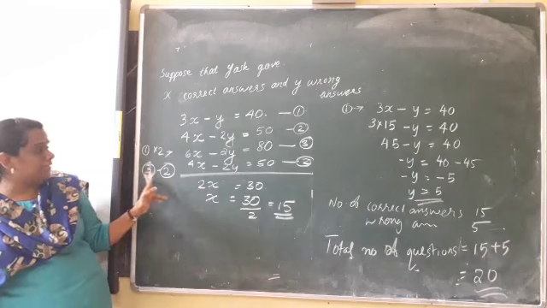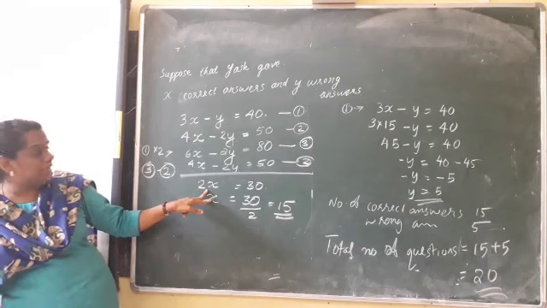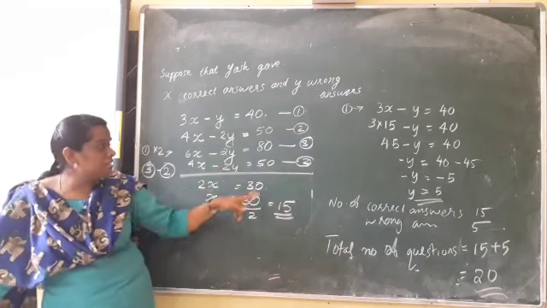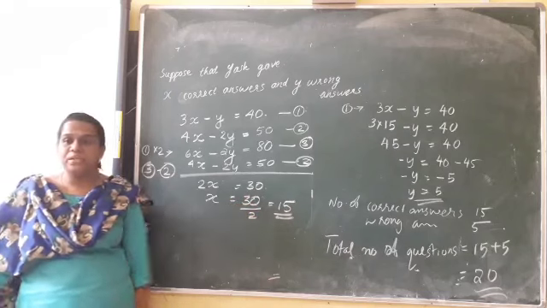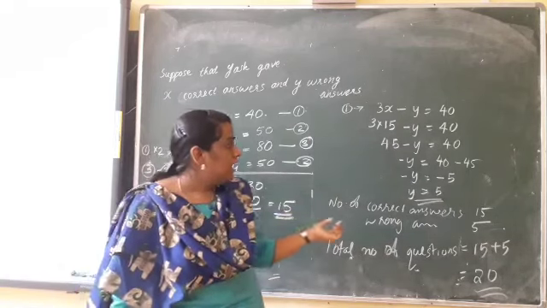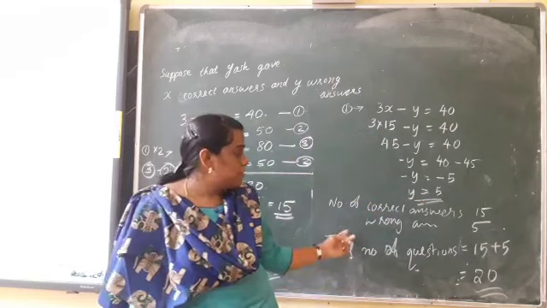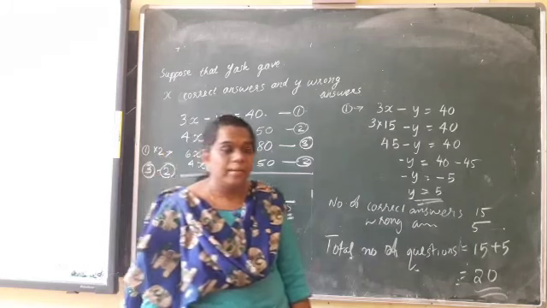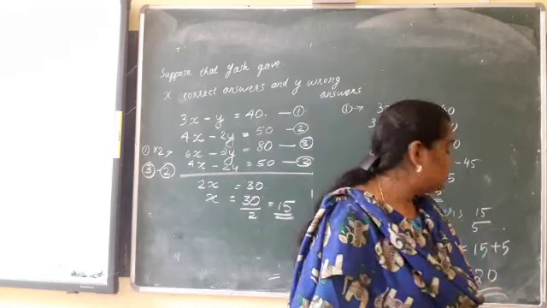Then equation number 3 minus equation number 2. 6x minus 4x, 2x. y cancels. 80 minus 50, 30. x is equal to 30 by 2, that is 15. Number of correct answers, 15. On substituting that, we got the number of wrong answers, 5. So total number of questions is the number of correct answers plus the number of wrong answers.